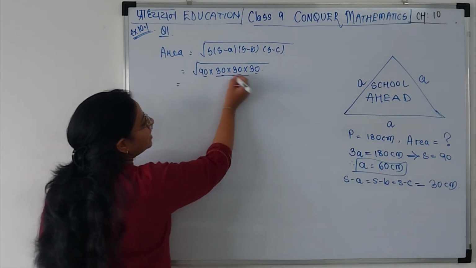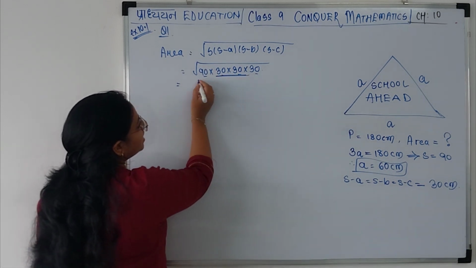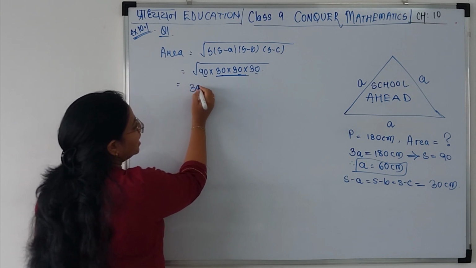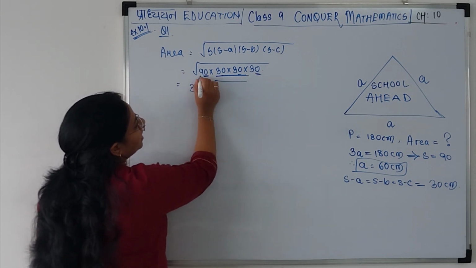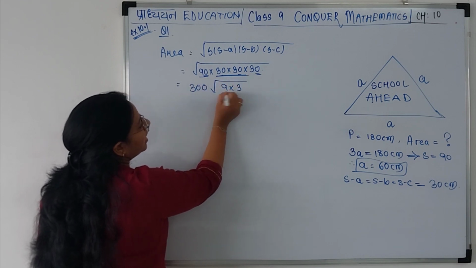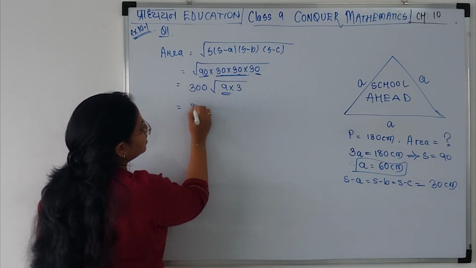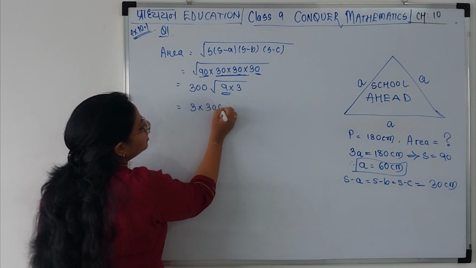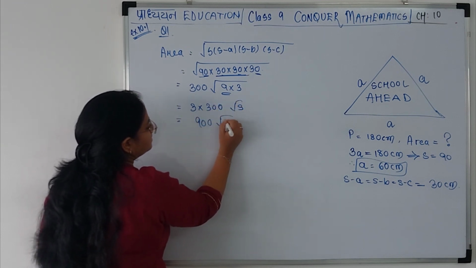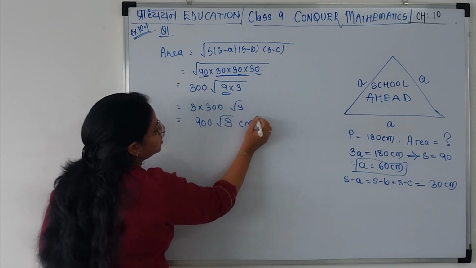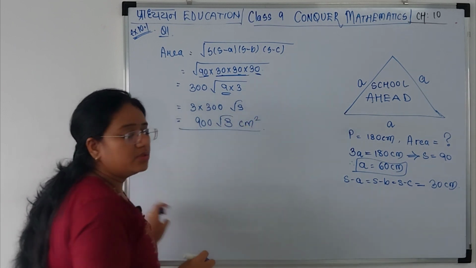But as you can see here, 30 is repeated 2 times. So let's take 30 only outside and 1 zero out of this. And now we are left with 9 into 3. Again, you can take 9 outside. So it will be 3 into 30, 90 root 3... that is equal to 900 root 3 centimeters square. That is the area of the given triangle.